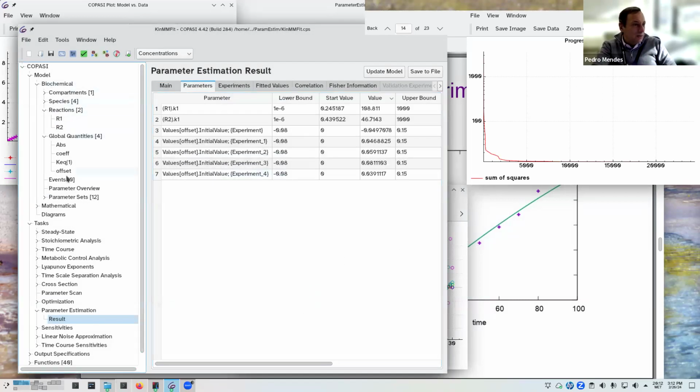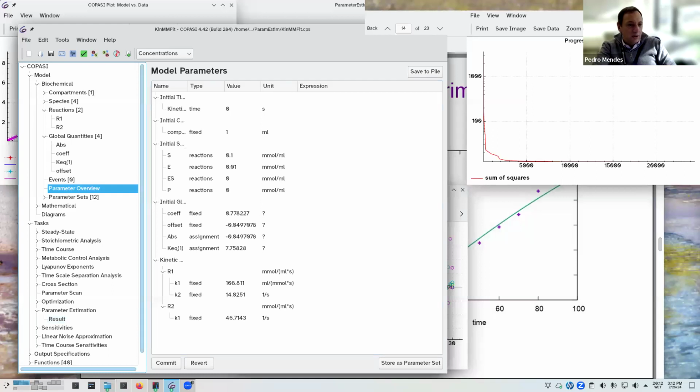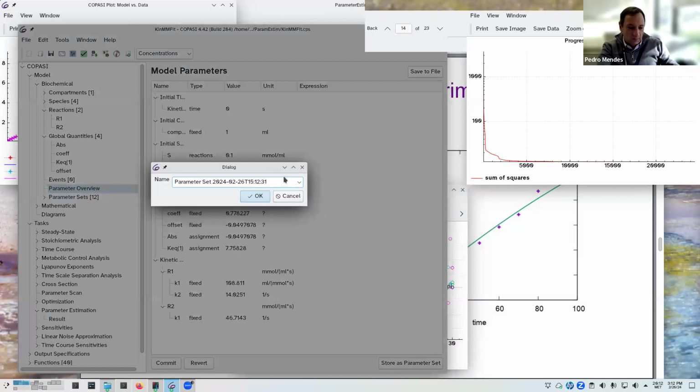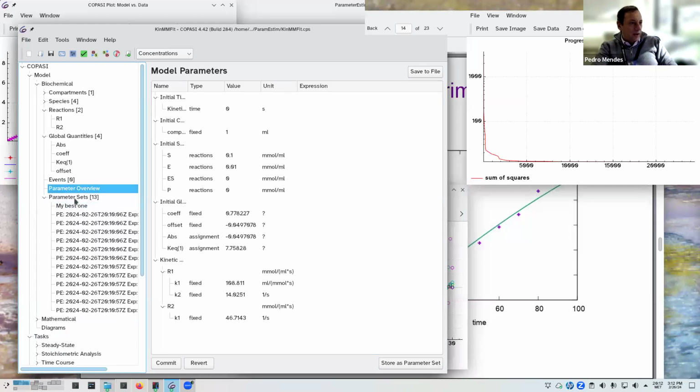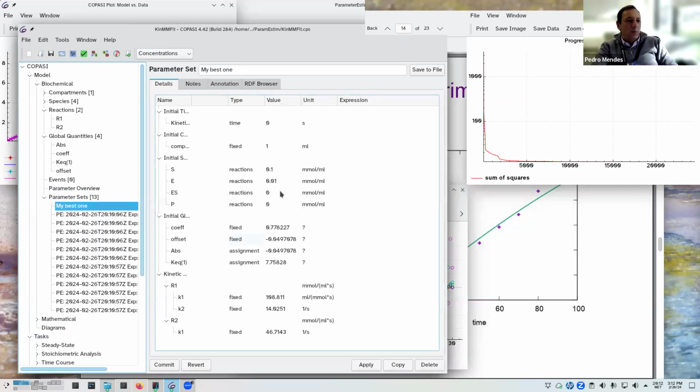And now in the model or the parameter overview, here you could store as a parameter set. Let's imagine this was the best one. So that way I created just one by one. So maybe you were running this maybe 20 times or whatever, and you don't want to have those 20 parameter sets multiplied by the number of reactions stored.